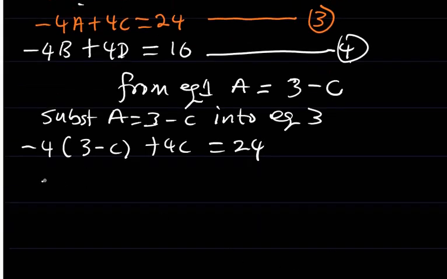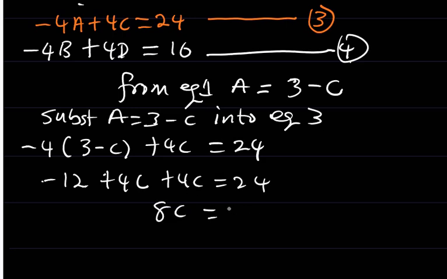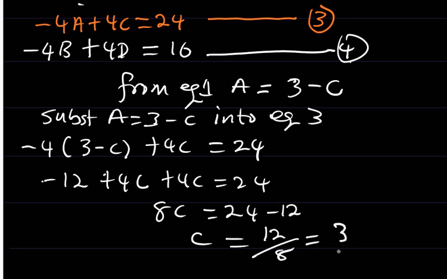This is going to be, of course, minus 12 plus 4c plus 4c equal to 24. This is 8c. 8c is going to be equal to 24 minus 12. So let's do that. 24 minus 12 is 12. And of course, divided by 8. c is 12 over 8.